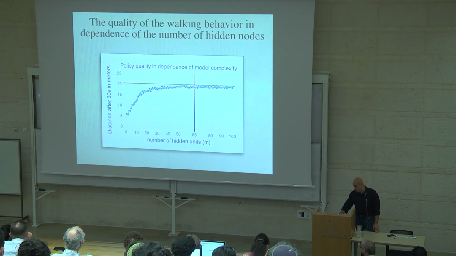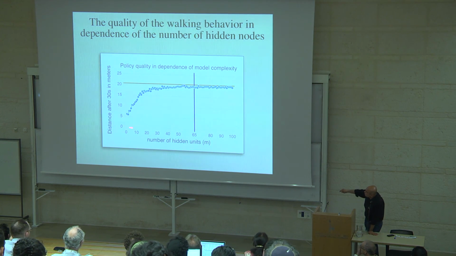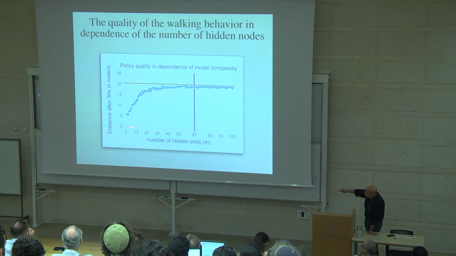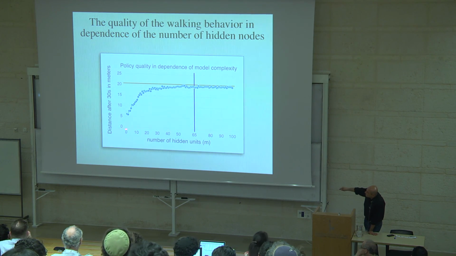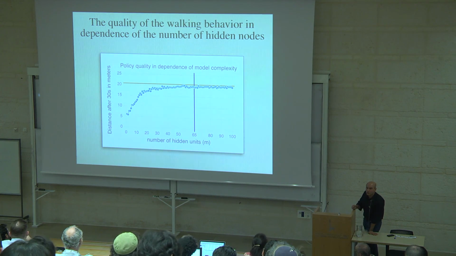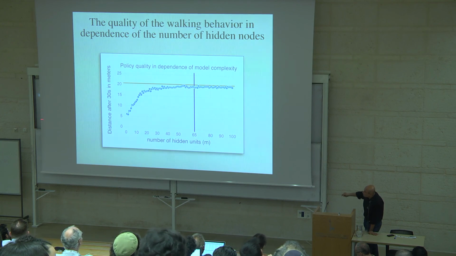And then we looked at all possible numbers, up to 100 hidden nodes. So this is the plot from 5 hidden nodes to 100. And here we have the 65. This is the performance of the walking behavior in terms of meters within 30 seconds.